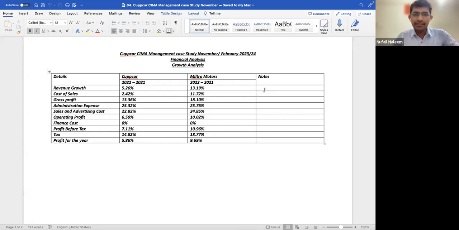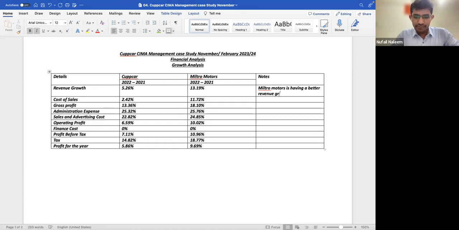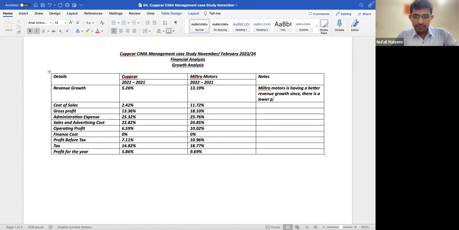So the first thing, can I just write down here: Miltro Motors is having a better revenue growth since there is a lower profit margin charged.